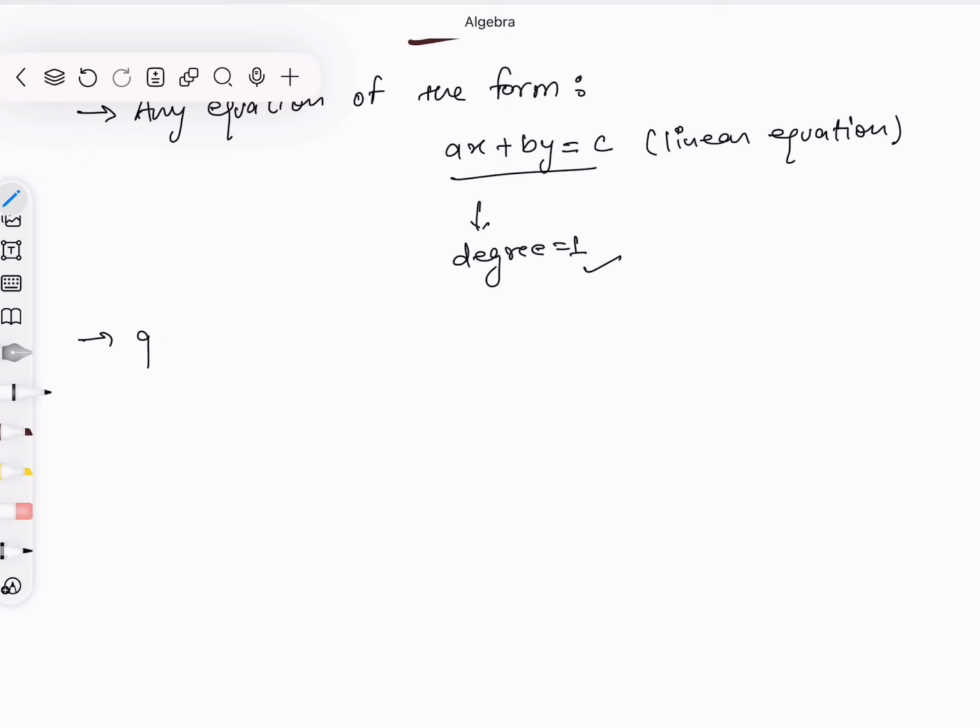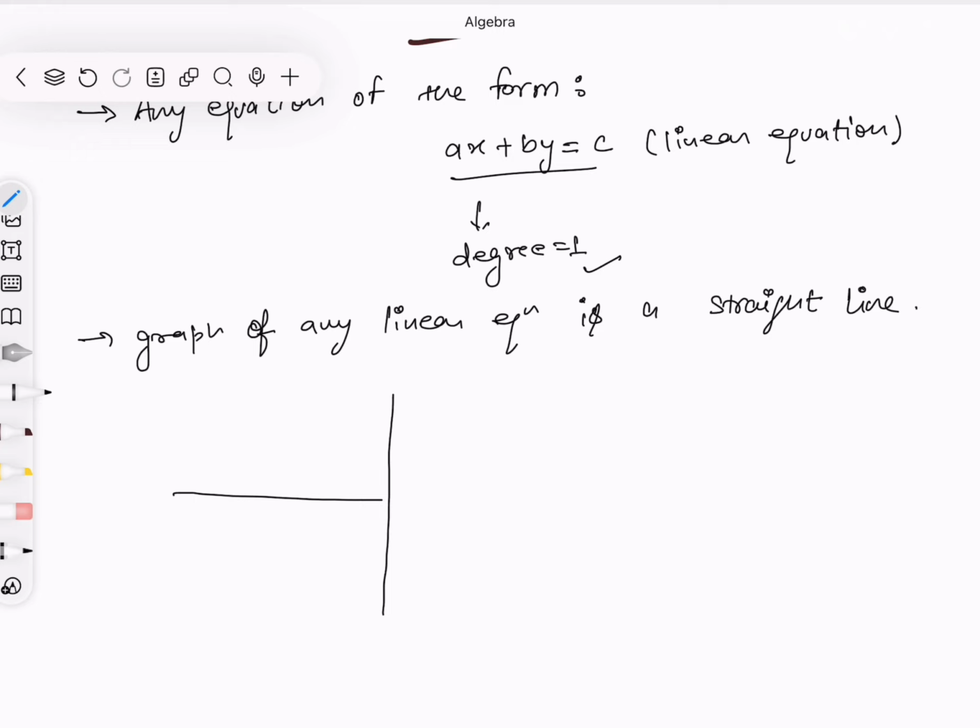One more point that you will observe is that the graph of any linear equation is a straight line. It's always a straight line. So let's say if this is your graph looking something like this, then it's going to be a straight line.